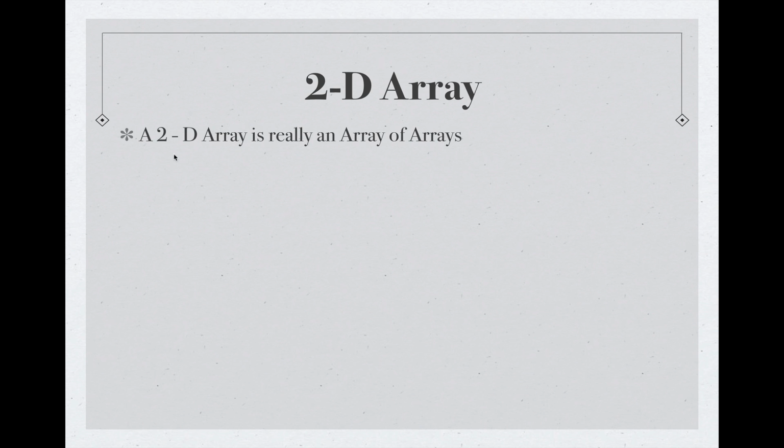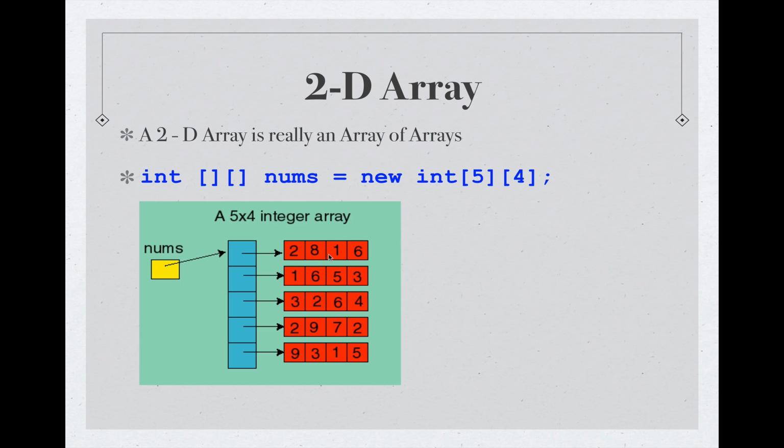So really a two-dimensional array is an array of arrays. So if I had an array that was 5 rows by 4 columns, really what it is, is an array of 5 rows that holds an array of 4 numbers.